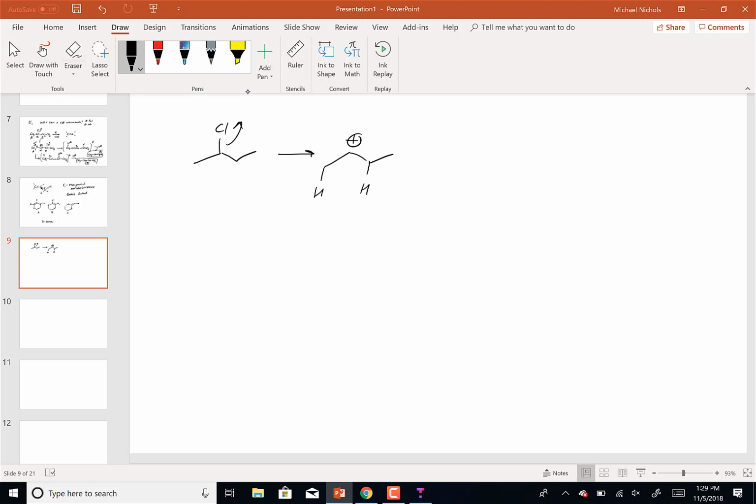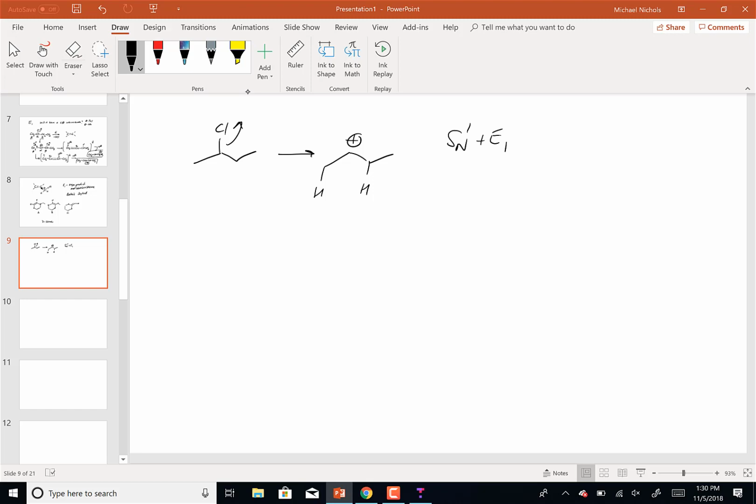The timing is, does the nucleophile get to the carbocation before the H plus is lost? And the reality is you're going to have a little of each. So whenever you have an SN1 reaction, you're also going to get some E1 products.